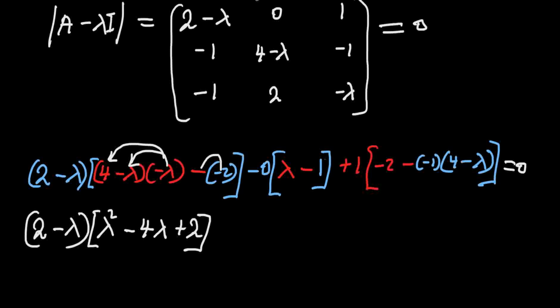Good. Now we have 0 over here, and 0 times the whole of this will give us 0. So we can simply skip this part of the question and move on to this part.